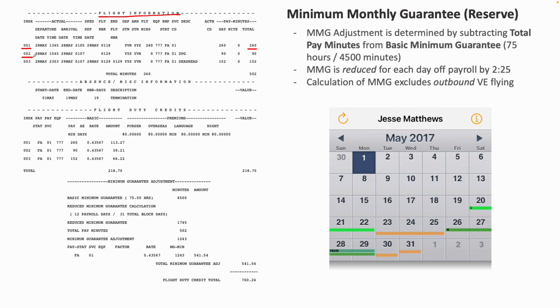With index item number 2, I had 90 minutes of DPG. And with index item number 3, I had 152 minutes corresponding to a deadhead from Toronto to Vancouver. All of those added up are a total of 502 minutes.